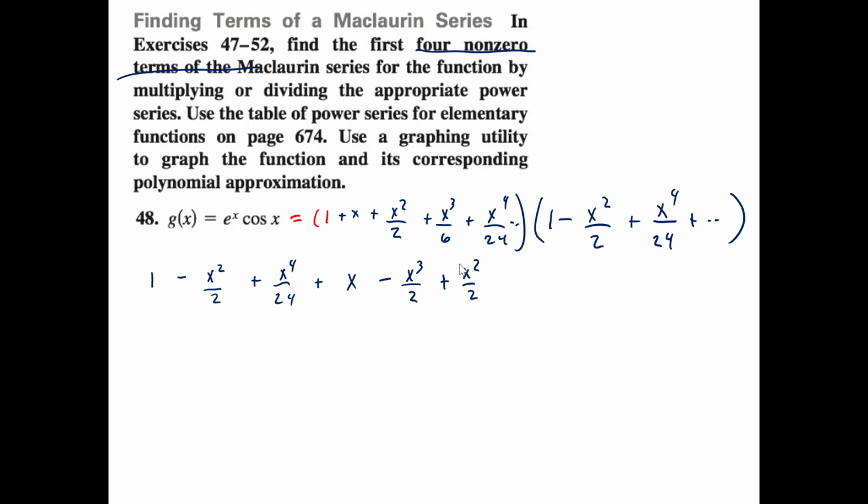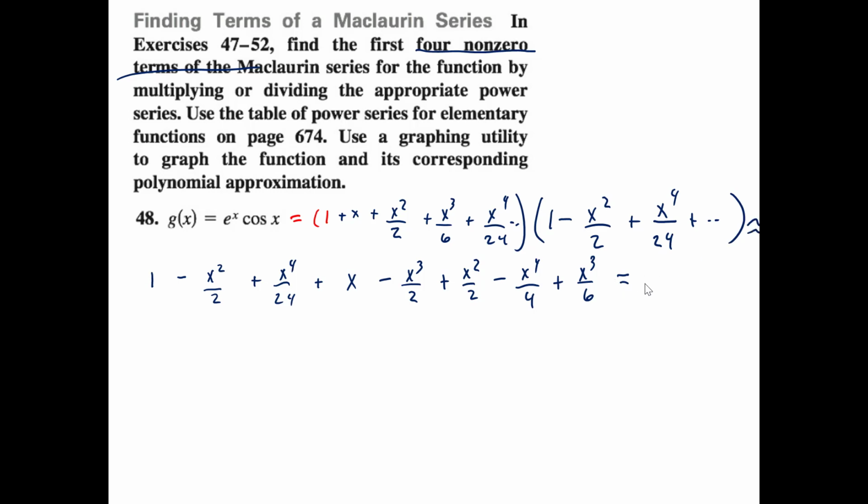The x squared over 2 times the minus x squared over 2 is minus x to the 4th over 4. And then I'm done with that one. Then I move on to the x to the 3rd over 6. The x to the 3rd over 6 times the 1 is x to the 3rd over 6. And the x to the 3rd over 6 times the minus x squared over 2 is x to the 5th. Don't want that one. I just want the first 4 non-zero terms.